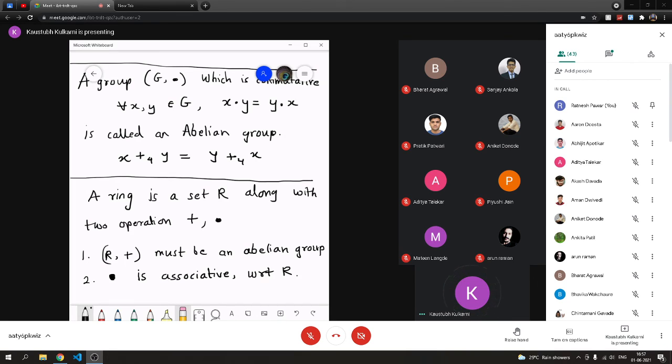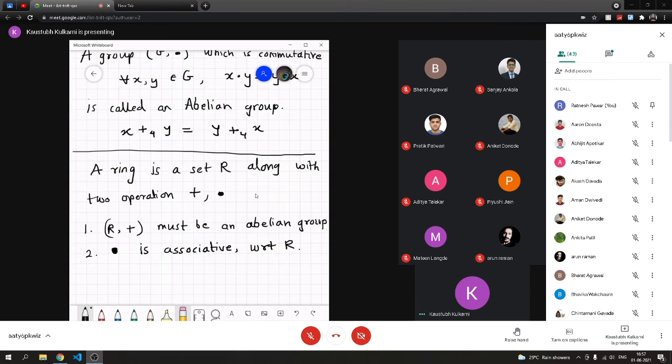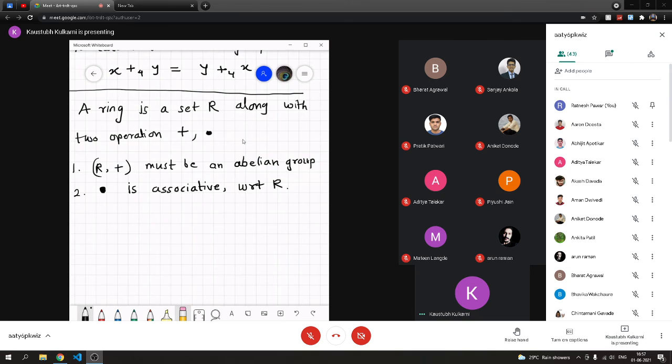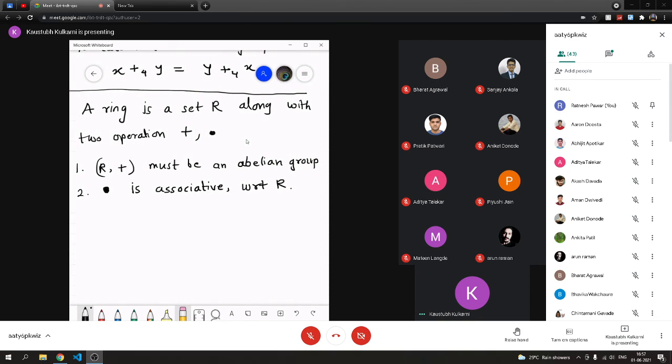Then there is an identity element with respect to dot. There exists, I'll write it in mathematical notation.